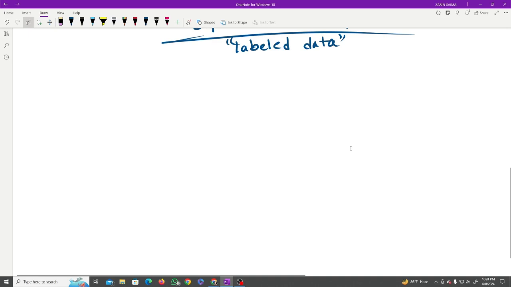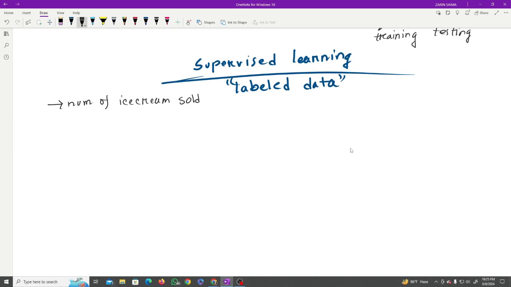So you want to find the number of ice creams sold, and you will calculate it by looking at the temperature of that day. Suppose you and your friend started your business and you have collected a lot of data to predict at which temperature what the number of ice creams will be.